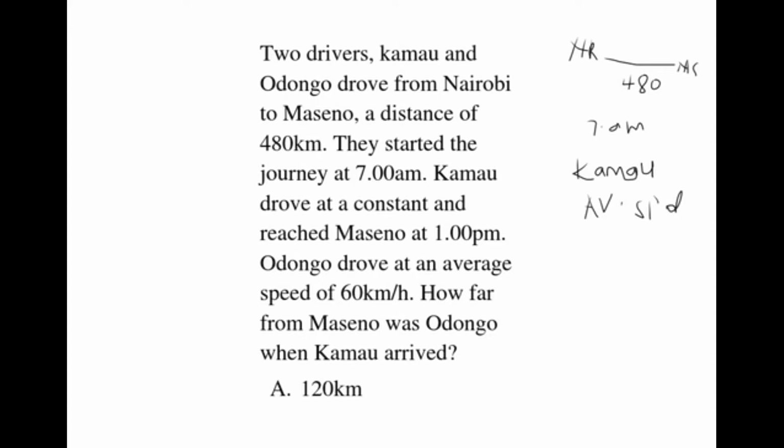Speed is distance over time taken. Therefore, from 1 p.m. up to 7 a.m., how many hours do we have there? Convert this 1 p.m. into 24-hour clock. It will be 1 plus 12. Add 12 hours.